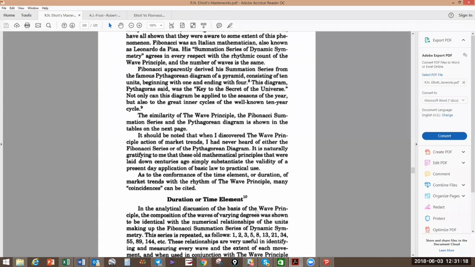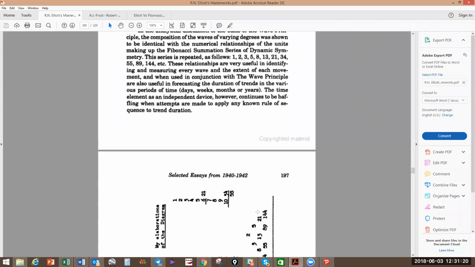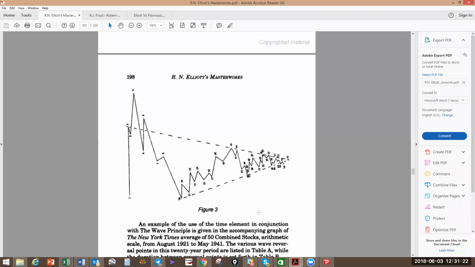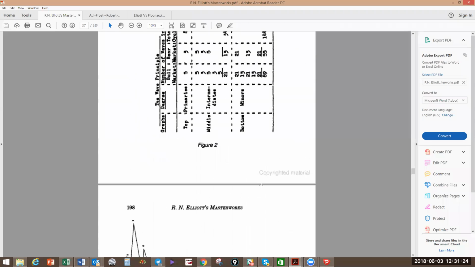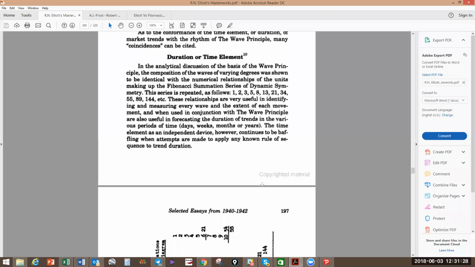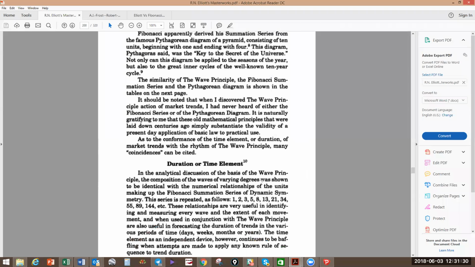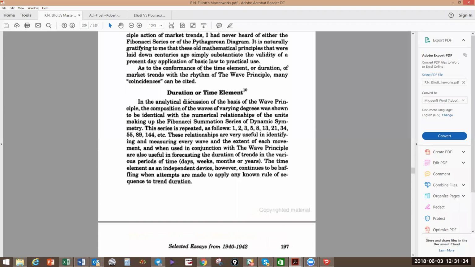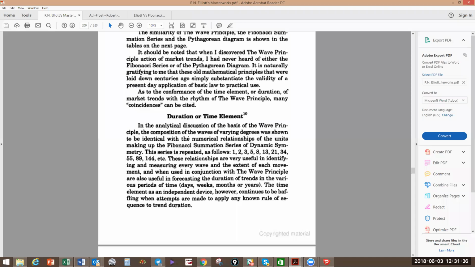This is 196. Okay, so what I wanted to say here, and I'm hopefully going to find it for you. It is better if I'm reading it for you guys here. I think it is on page 196.